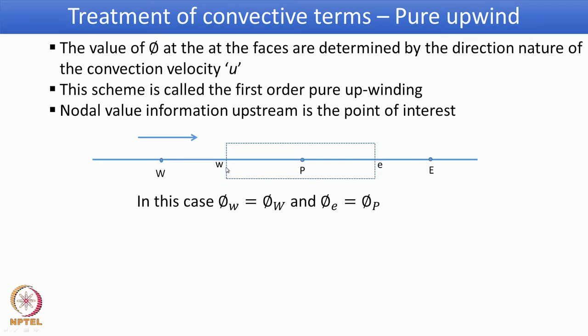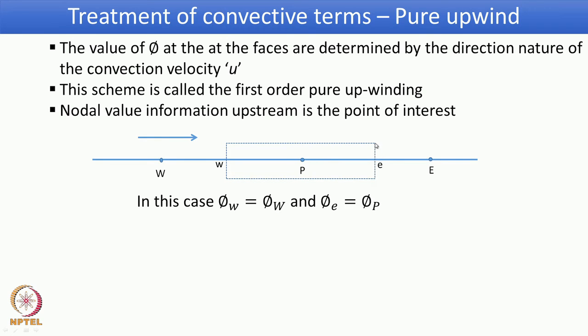So, in this case upstream of this phase node is at capital W, that is this node. So, variable available at this node is given, and variable at this phase is same as variable at this node. So, in this case phi at W equal to phi at node W.